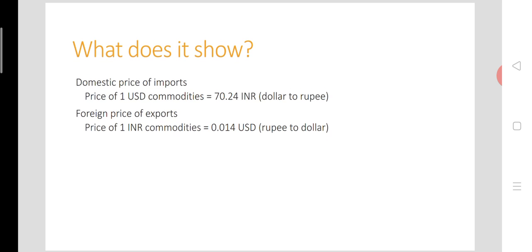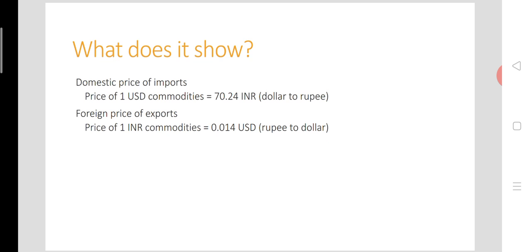The nominal exchange rate shows both the domestic price of import and the foreign price of export. So when it comes to Indian import and Indian export, India's exchange rate in December 2017 in terms of US dollar is 70.24 Indian rupees per $1.